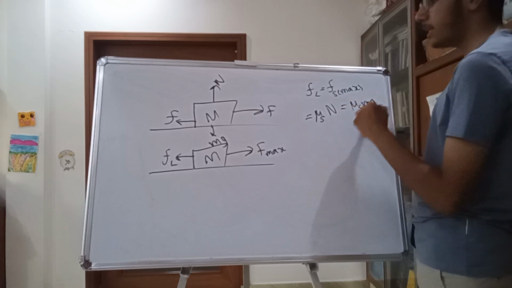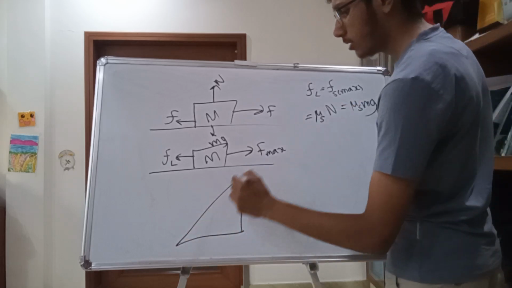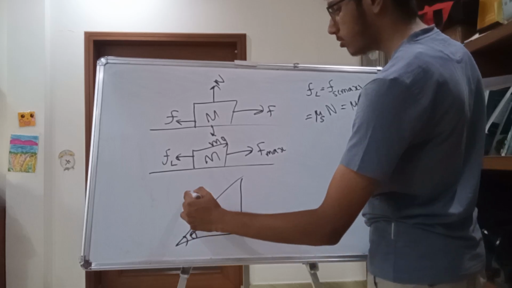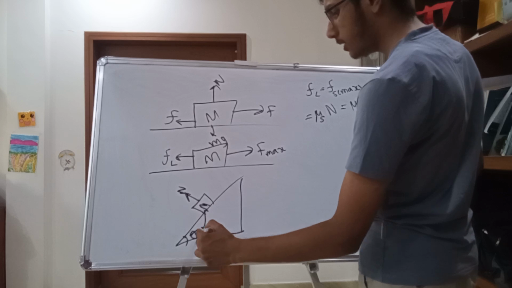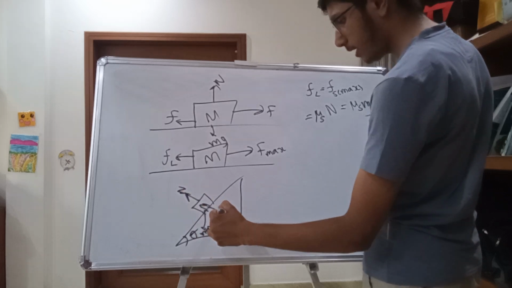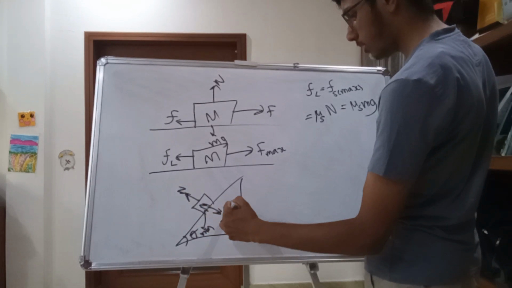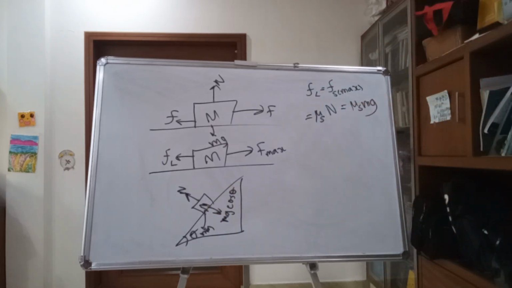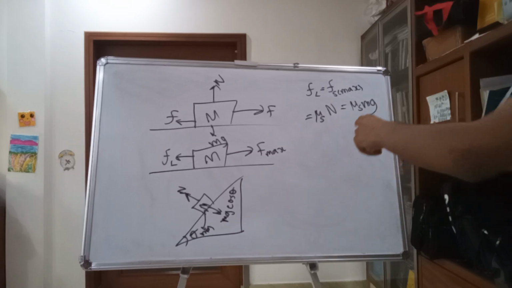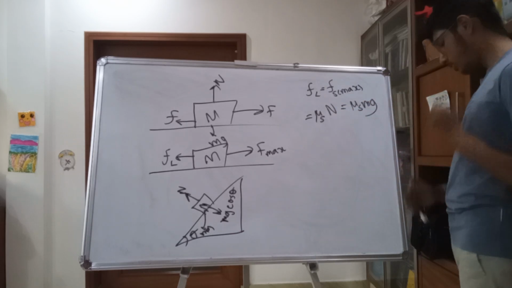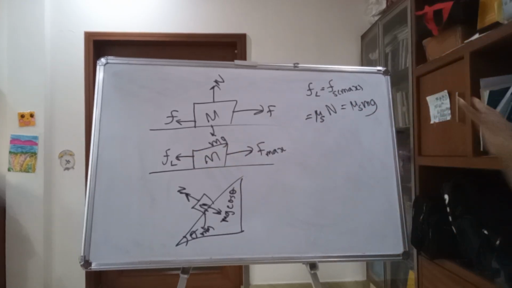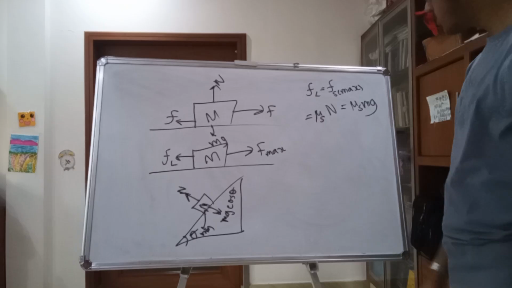But if it is an inclined plane with angle theta, and the block of mass m is here, this will be the normal and this will be mg. So the normal will be balanced by mg cos theta, not mg. At that time we should not say FL is equal to mu mg. It is mu mg cos theta. So you should understand that mu s N is the formula, not mu s mg, which applies only in horizontal conditions.